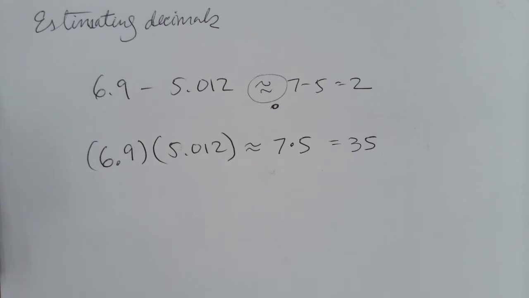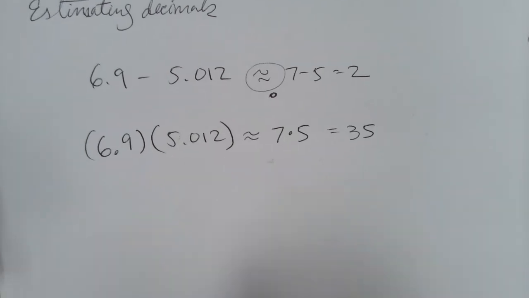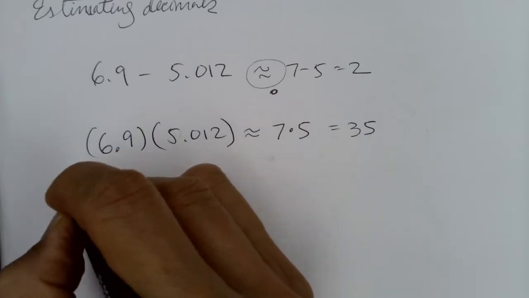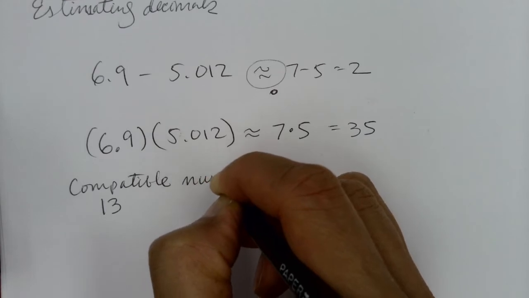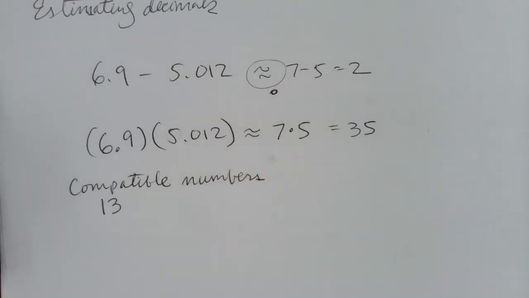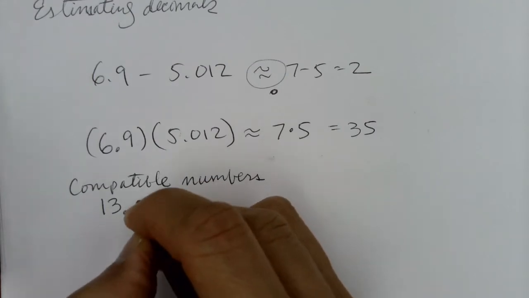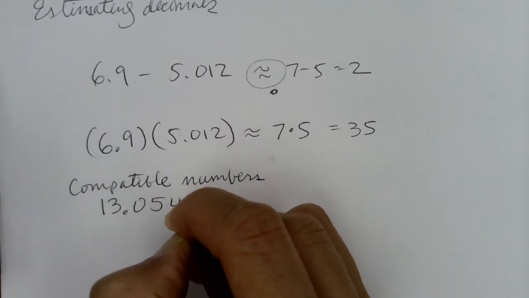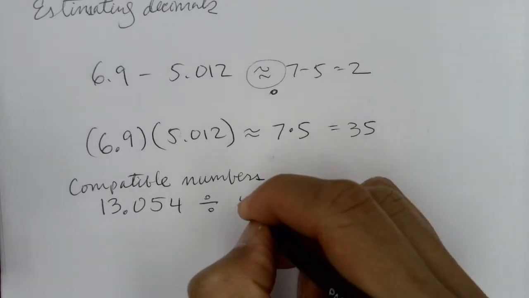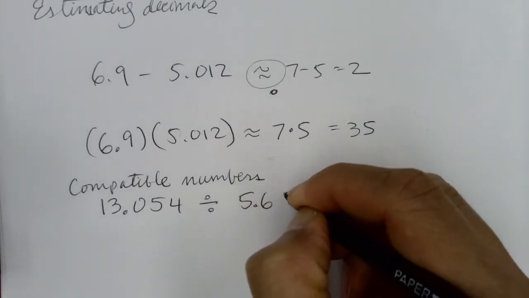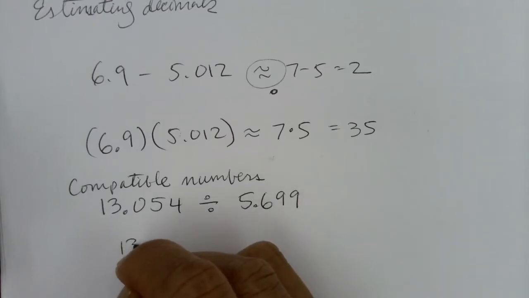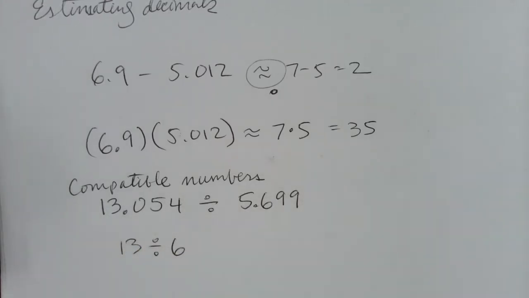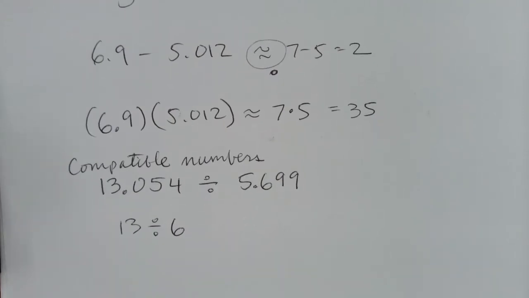Now, division. Division is the one that is more interesting. Let me give you a name for it. It's called estimating by compatible numbers. And this is simply because if I've got something like 13 divided by, if I round that to the nearest whole number, I'm going to have 13 divided by 6, which is not a whole lot of fun to do in my head.